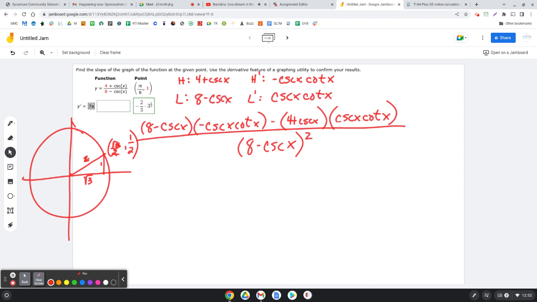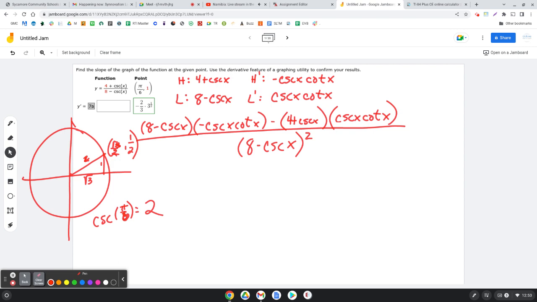So that tells me what the cosine and the sine is. Well, cosecant is 1 over sine. So the cosecant of pi over 6 is 2, okay?